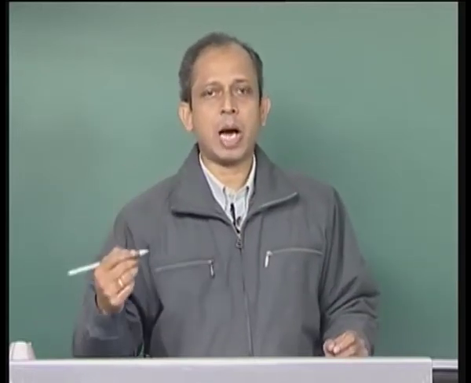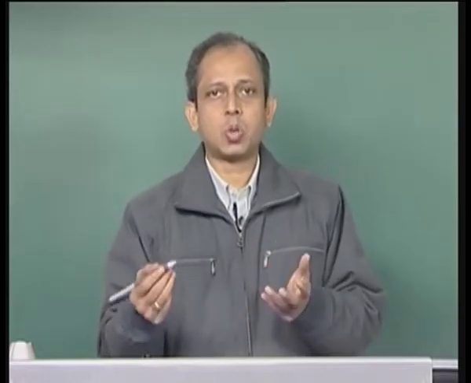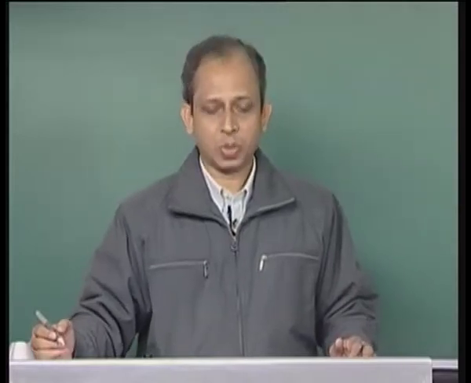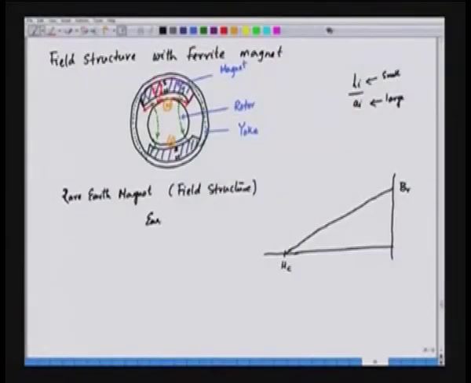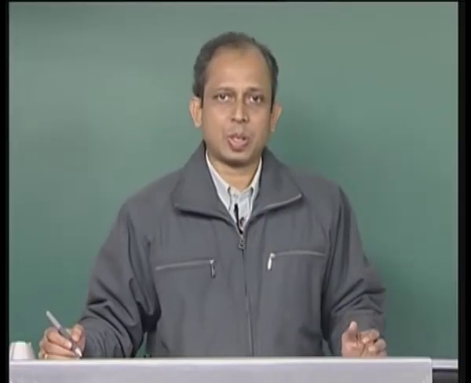Because of large Br and large Hc, essentially we have large energy stored, because energy stored per unit volume is half B into H. So, this will result in a BH product curve like this, and it is sufficient to have a very thin magnet yet have a considerable amount of flux density.